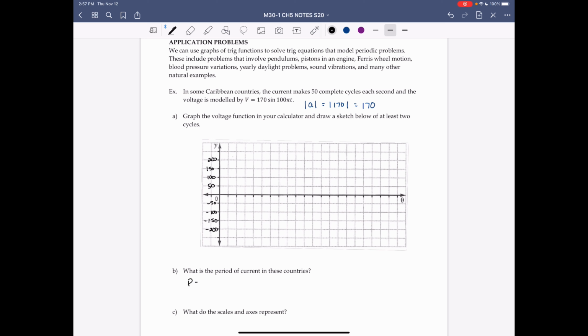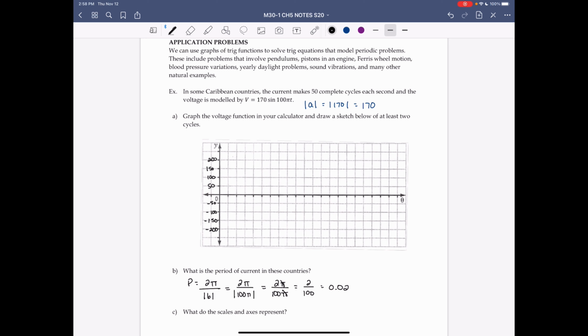Period equals 2 pi in this case, divided by the absolute value of B, which is 2 pi divided by the absolute value of 100 pi, which is 2 pi divided by 100 pi, which equals, pi's divide out, 2 over 100, which is 0.02.